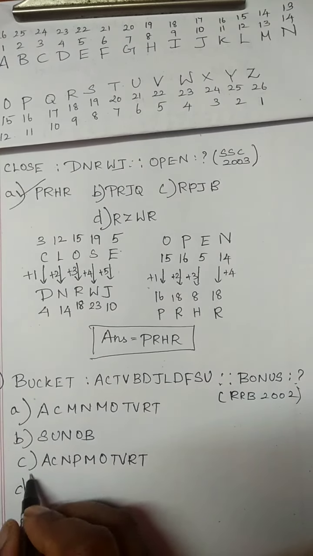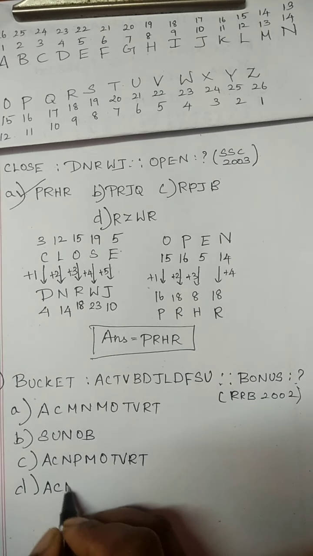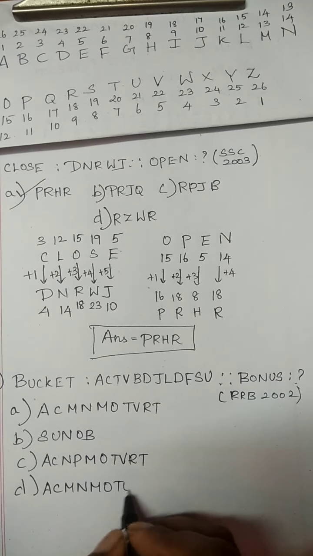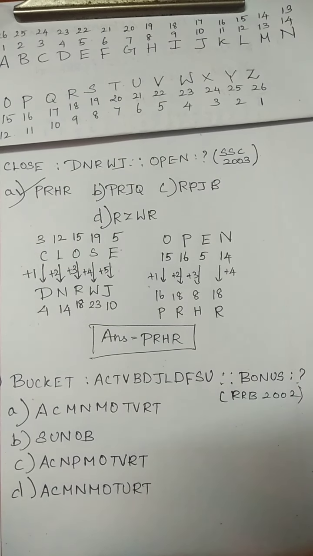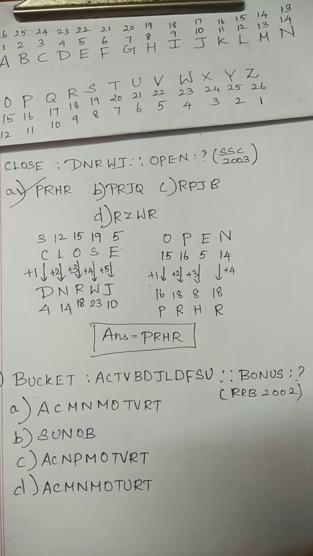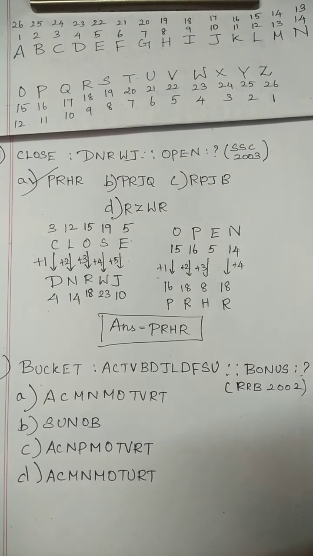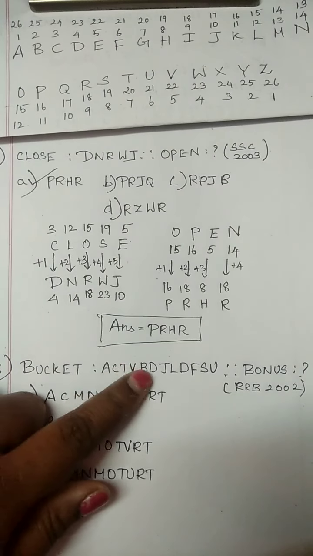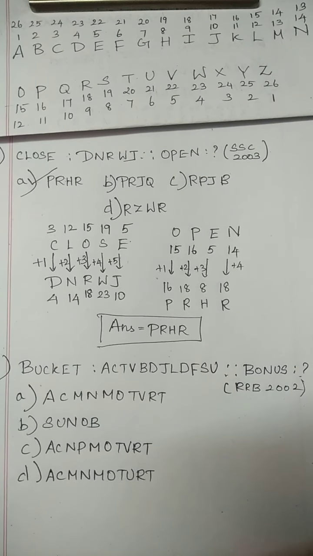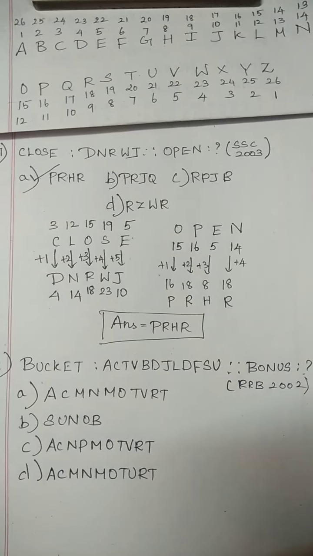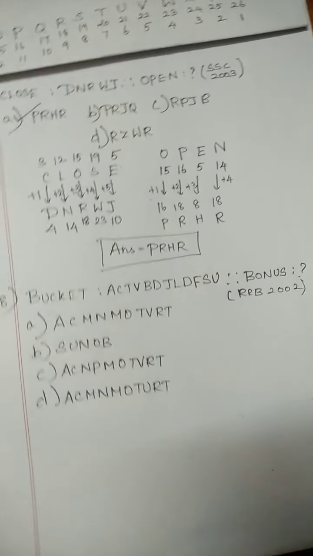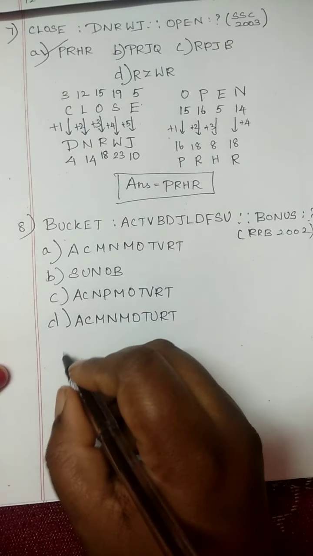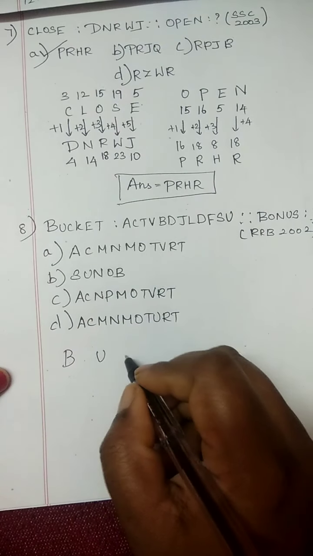And then D option is ACMNMOTUT. So these are the 4 options. What we have to do first, we have to find the clue between BUCKET and ACT, and so on. Just first write down BUCKET.